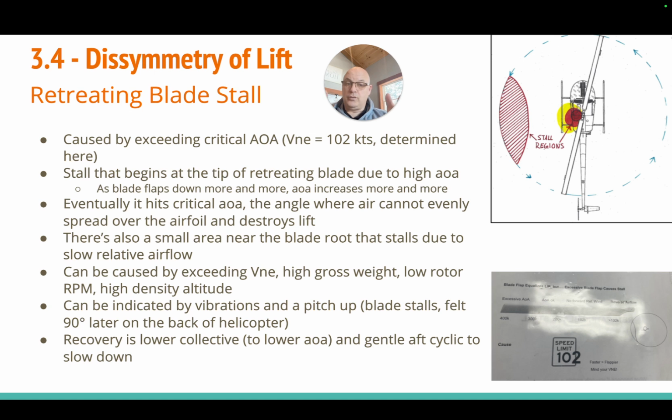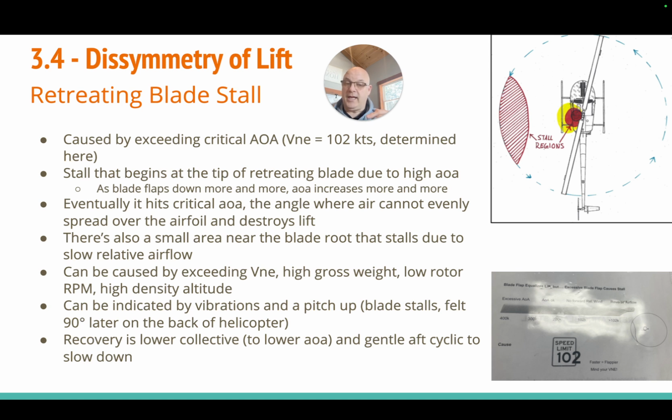All right, so knowing that, and I will show you in a chart in a second where you can find that and how you can calculate it. Knowing that, you also understand that if you're flying fast under these conditions, there comes a point in time that the retreating blade can exceed the critical angle of attack and cause two things.